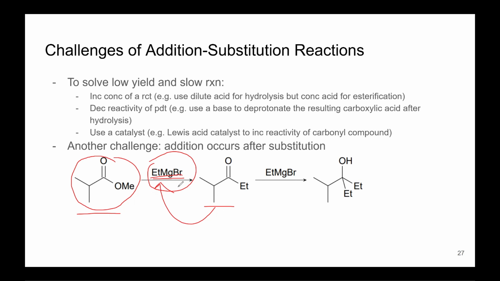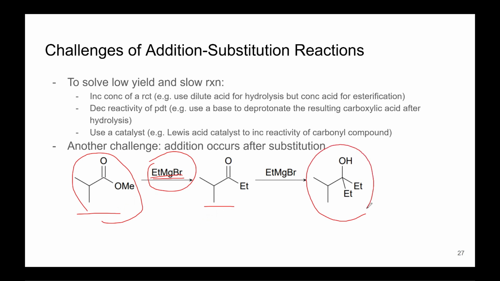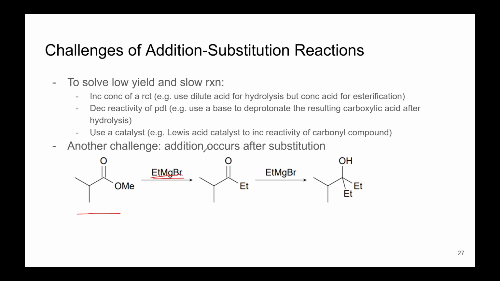So you will have a mixture of unreacted esters as well as the addition product in your final product mixture. Because of that, your intended product, the intermediate, isn't formed, and that makes it really troublesome because you want the middle product instead of the reactant or addition product. So how do we solve this issue?